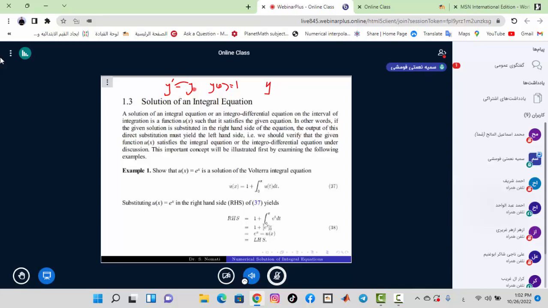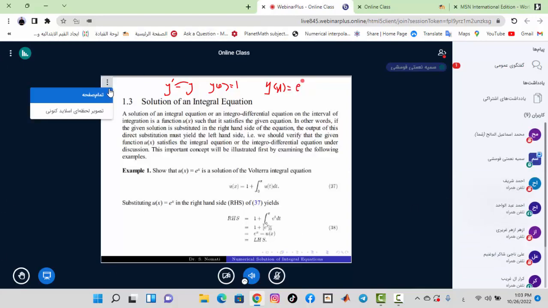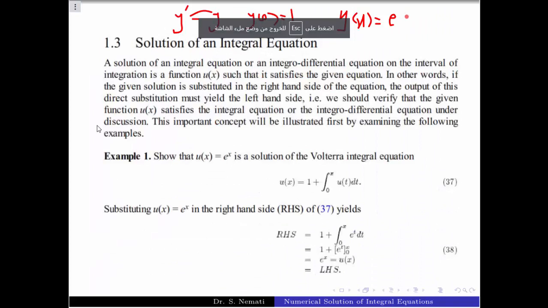For example, for this special case, if I put y of x equals e to the power x, or exponential of x, you know that when you take the derivative of this function, you will have e to the power x. So this function actually satisfies this differential equation, isn't it?